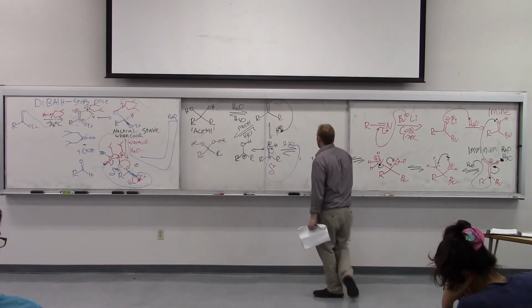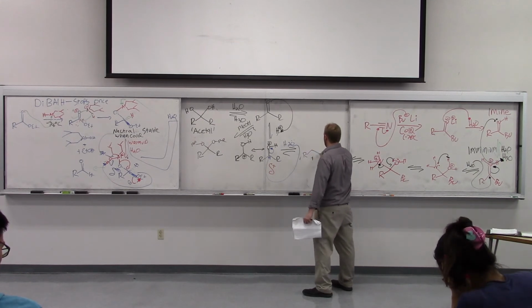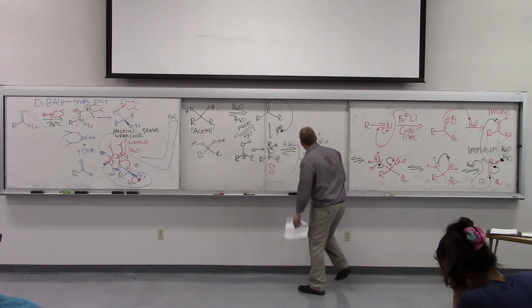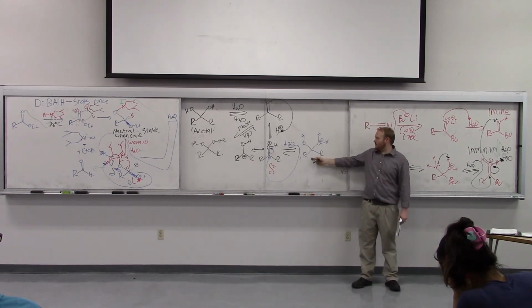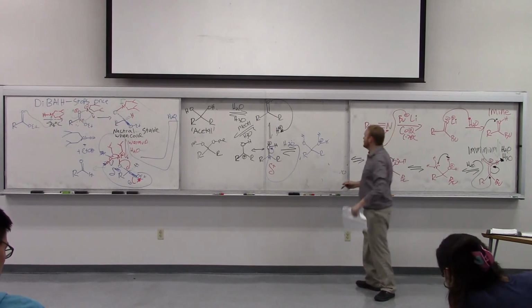So now water can add into this, and again reversibly it's going to give us H2O+, neutral OH. It can give us this intermediate here, but we're under aqueous conditions.